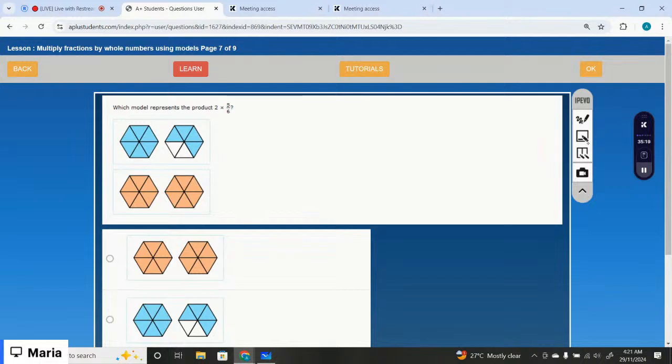So that is the correct option. You have 10 portions and 6 of them are colored. So that is basically option 2. Look at the options. Option 2 is the correct option.